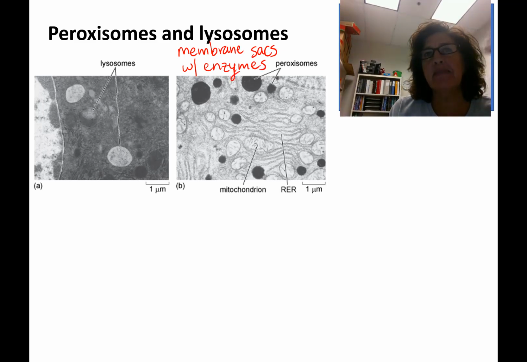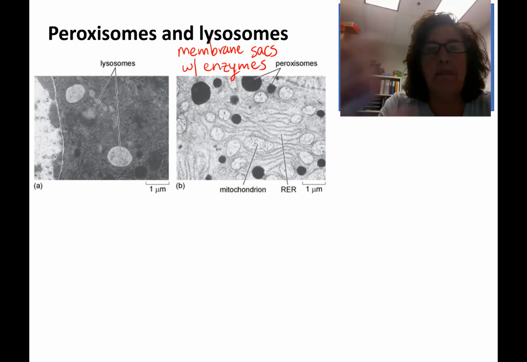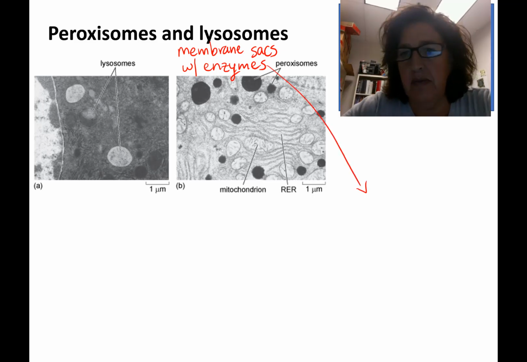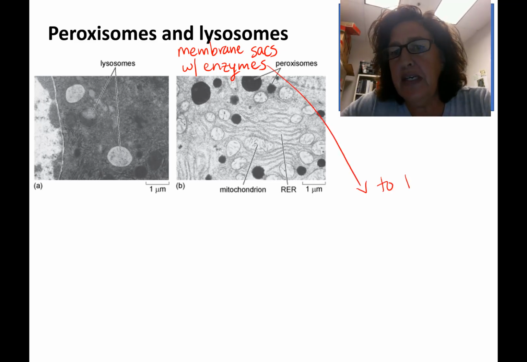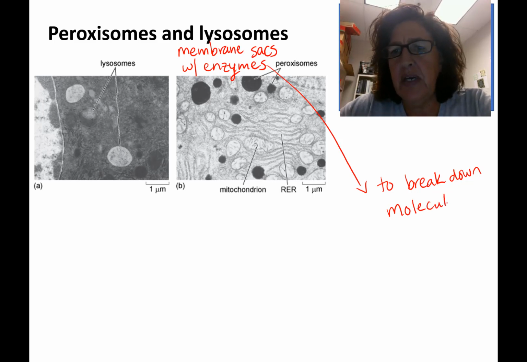And these enzymes make chemical reactions happen. So they both have membrane sacs with enzymes to break down different molecules in the cell. And by break down, think like digest, so that we can recycle, reuse parts of the cell or molecules in the cell.